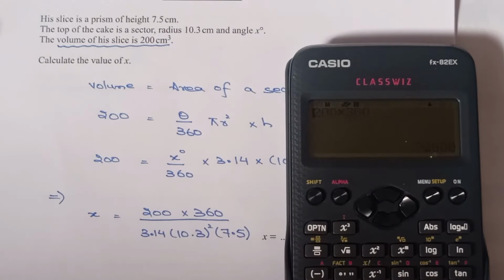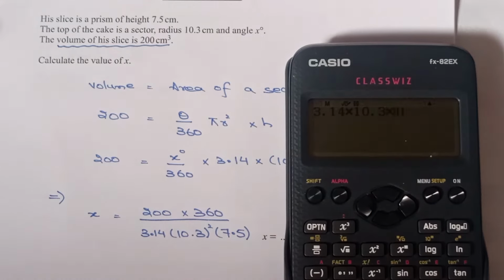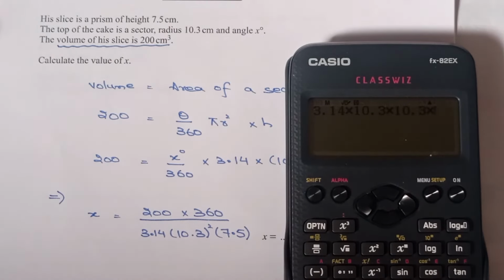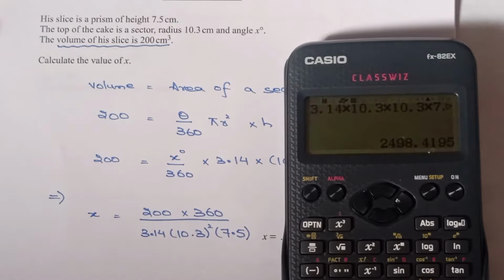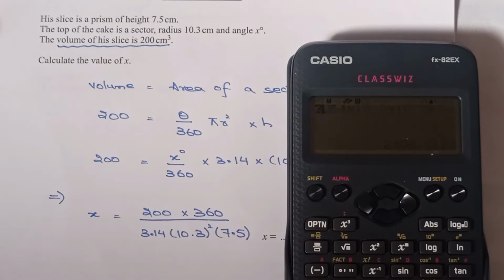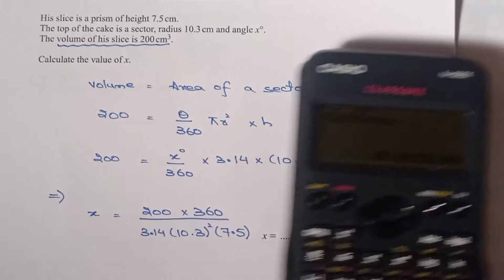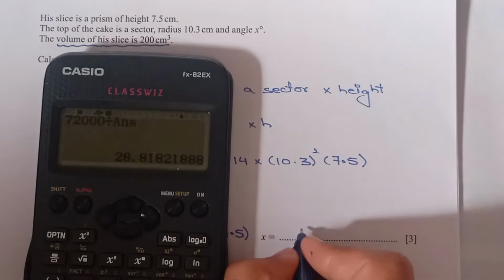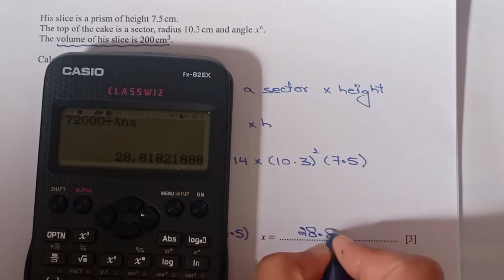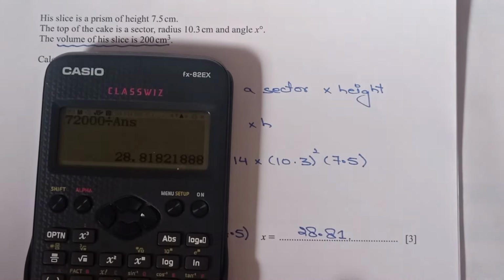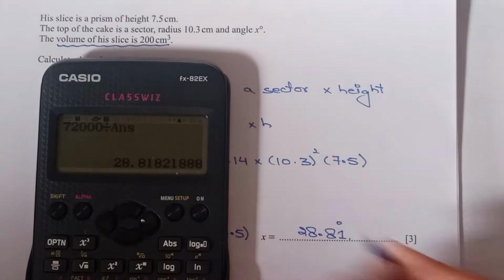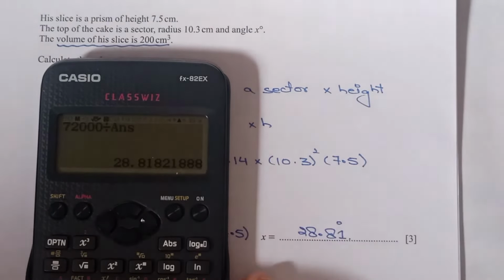Then 3.14 times 10.3 times 10.3 times 7.5 is the denominator, and 72,000 is going to be divided by it. It would be 28.81 as the value for x, that is 28.81 or 28.8 degrees, the angle x.